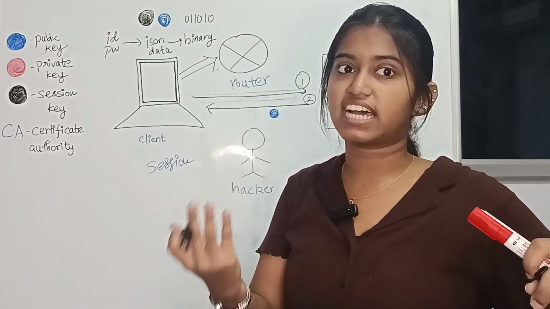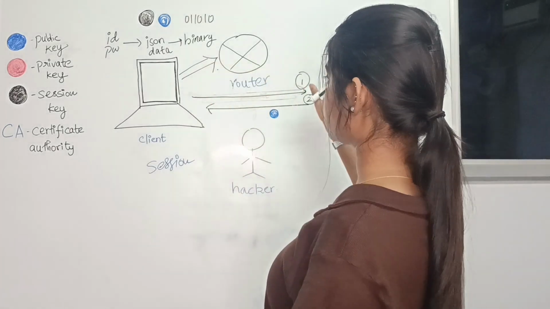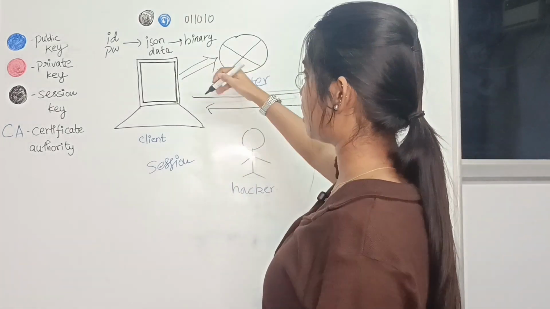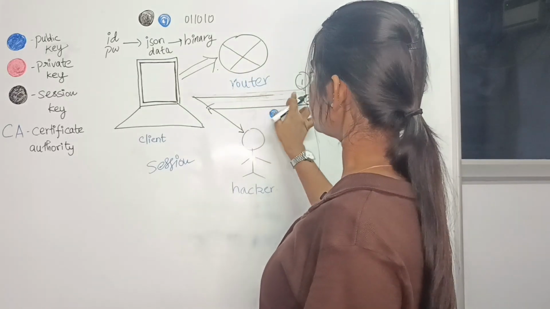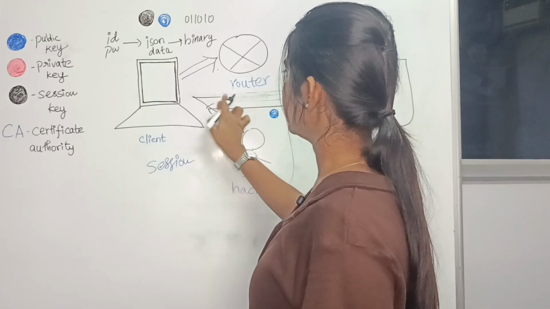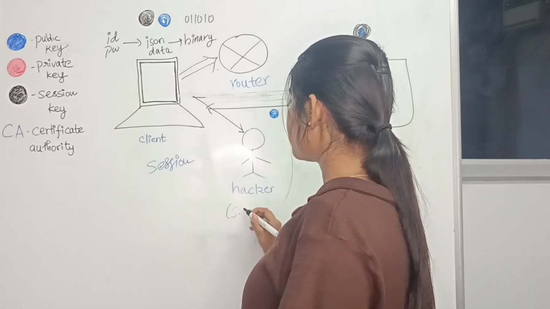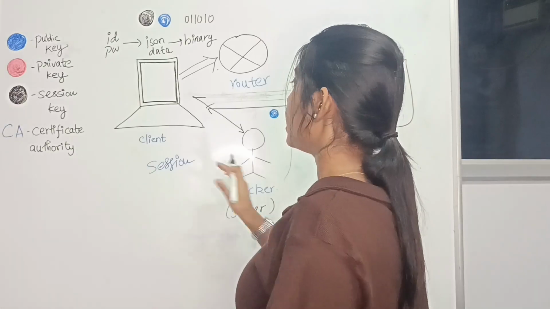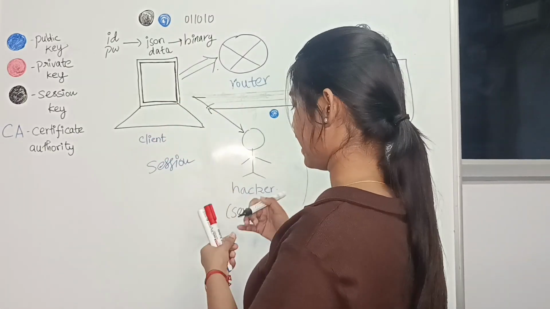Because the network is unsafe. That's why what has to go to this place comes to this place. He pretends to be the server, so the client thinks that he is the actual server, but he is the hacker.